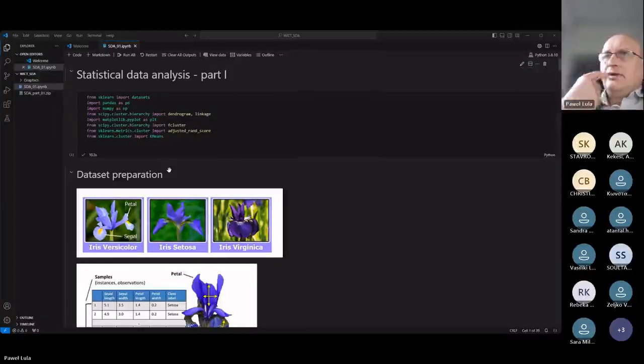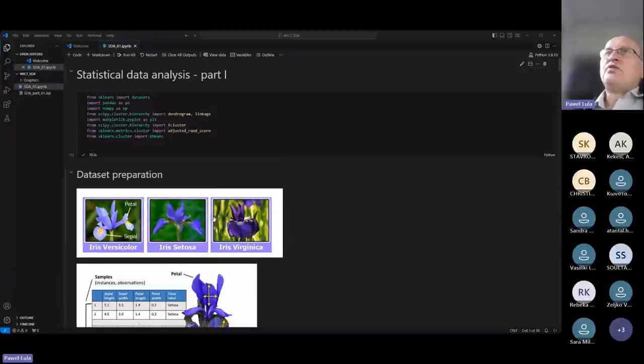So we are going to talk about statistical data analysis, about some methods and some tools which will have the form of programs in Python, which we can use for analyzing relationships between objects, relationships between variables, and which we can use for description of objects.